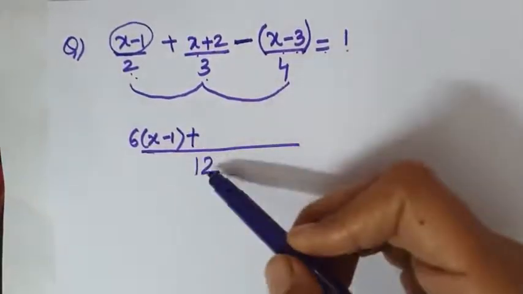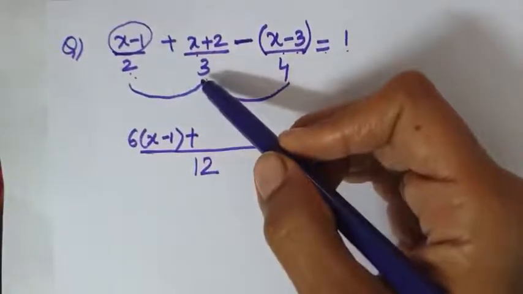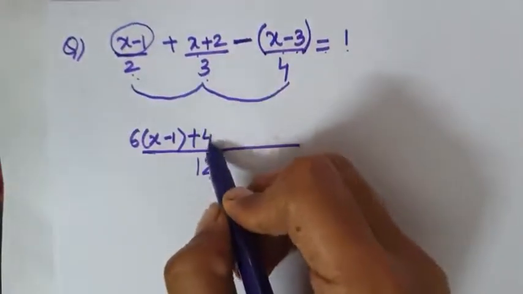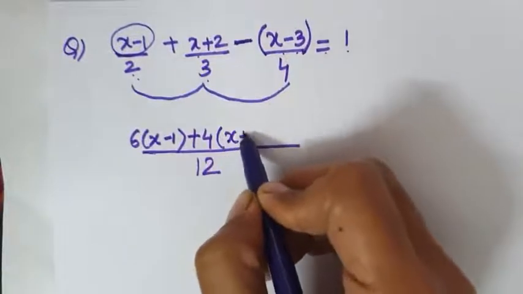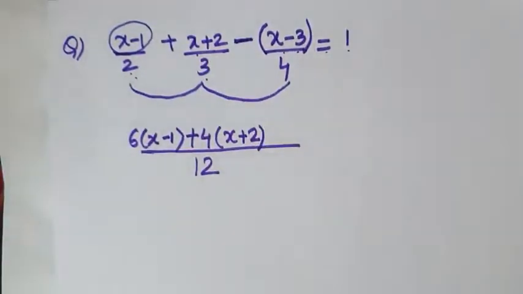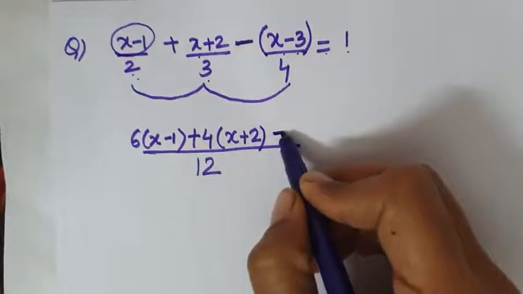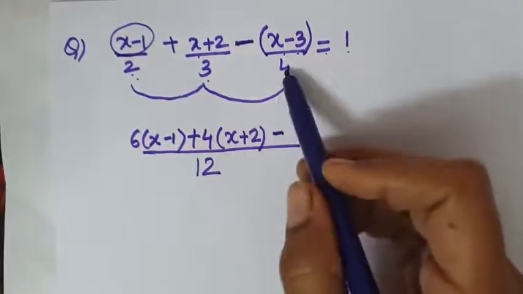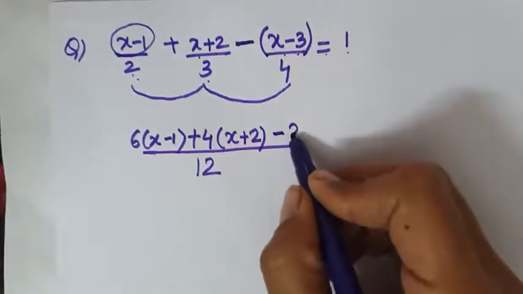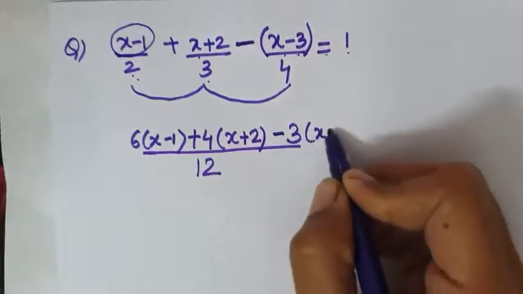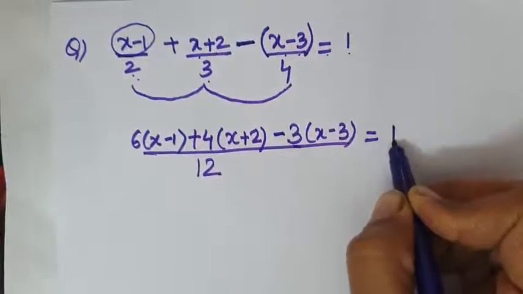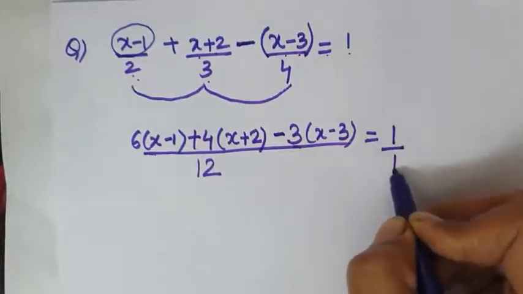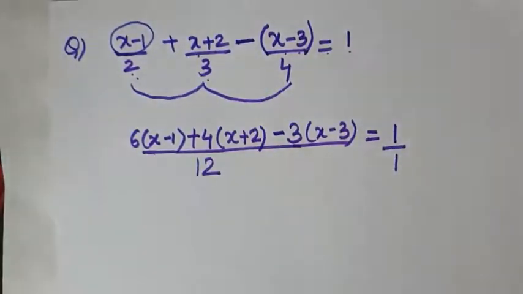Plus 12 divided by 3 is 4, so 4 will multiply with this whole bracket (x plus 2), minus 12 divided by 4 is 3. So 3(x minus 3) is equals to 1. Upon 1 we can write nothing, means we can write only 1.